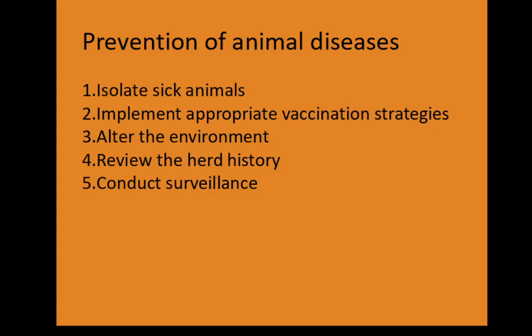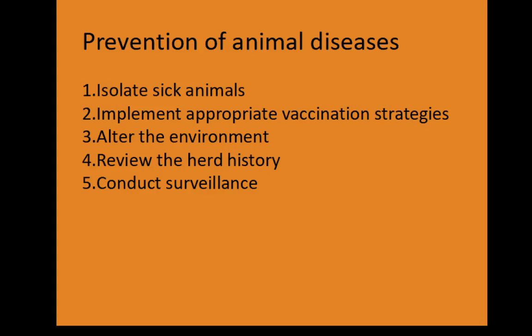And then next, about vaccination strategies, you need to take into consideration existing vaccination programs. Let's say, for example, the farm that you're now working with has an existing vaccination program. Before you jump to alter the vaccination program, you should review and take into consideration what they were using prior, because information like this is important.